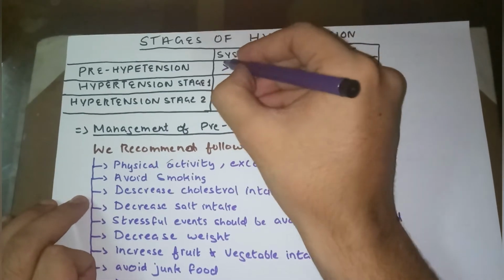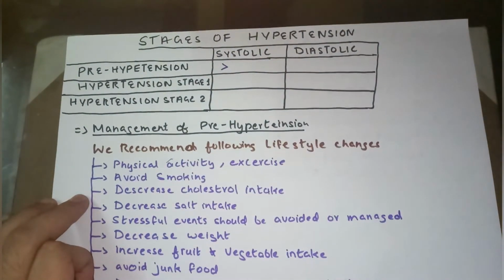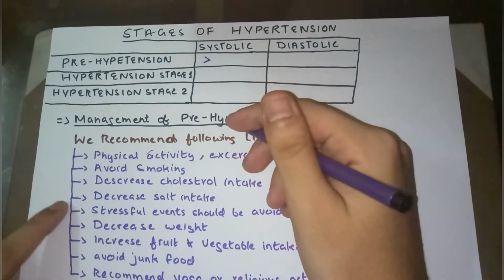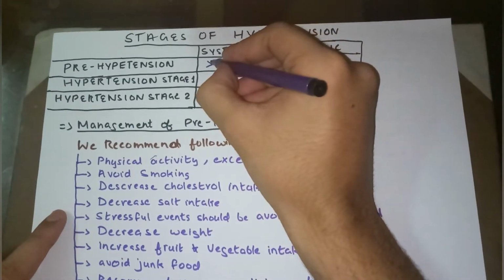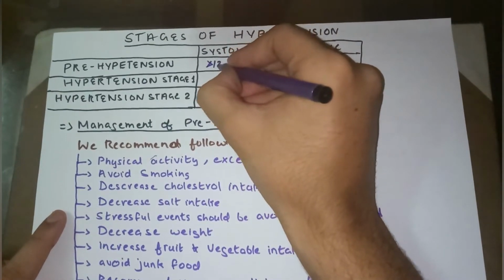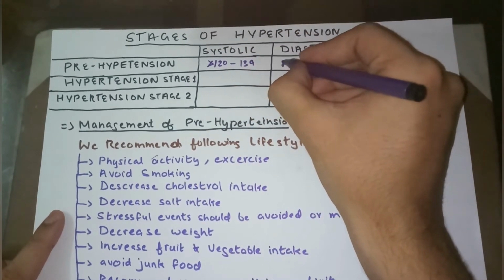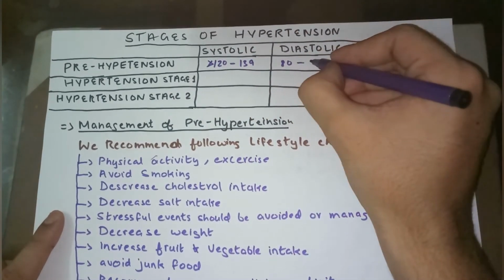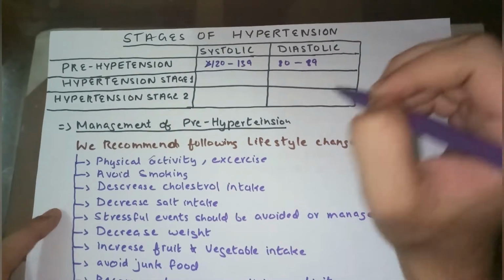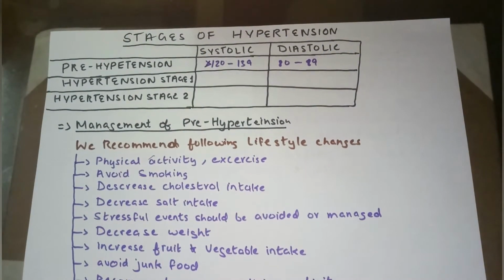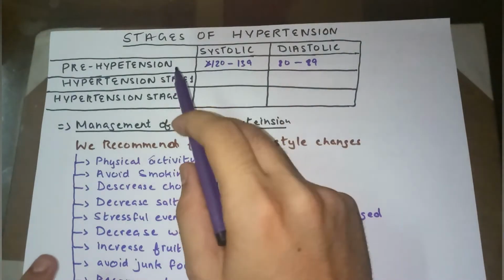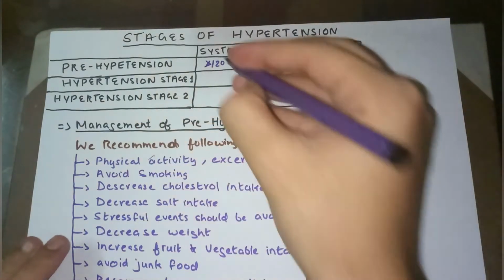If the systolic blood pressure is between 120 to 139, and the diastolic is between 80 to 89, then we consider it as pre-hypertension. He is not hypertensive right now, but he is getting towards hypertension, so we classify it as pre-hypertension.